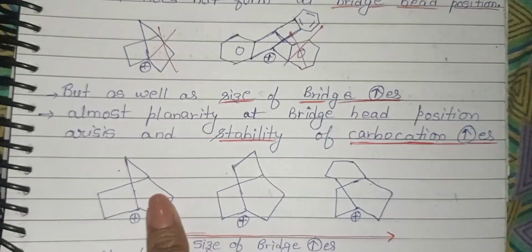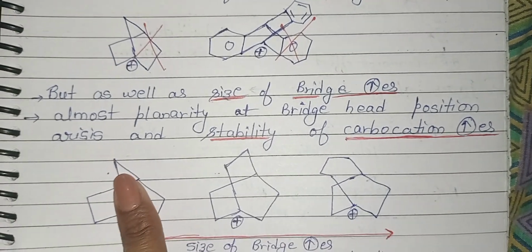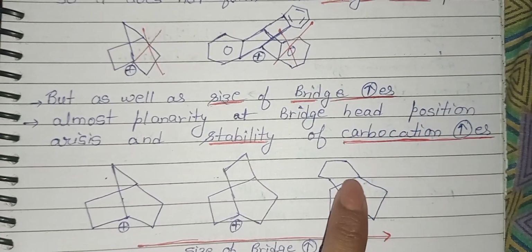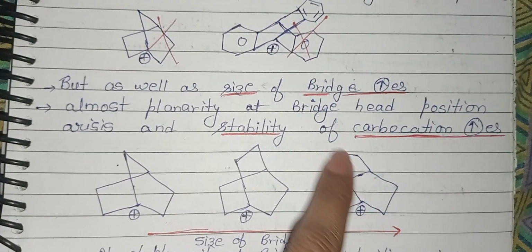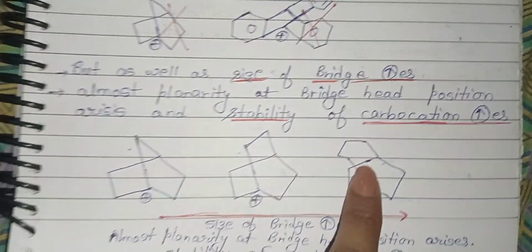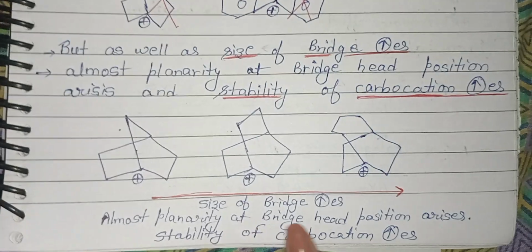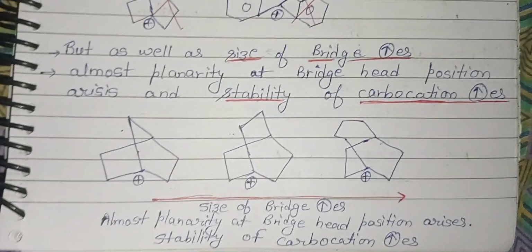So here is the most stable bridgehead position and here is the least stable, because the carbocation becomes planar because of the size of the bridgehead position. Here is the least size and here the most. This is the stability order of carbocations at bridgehead positions.